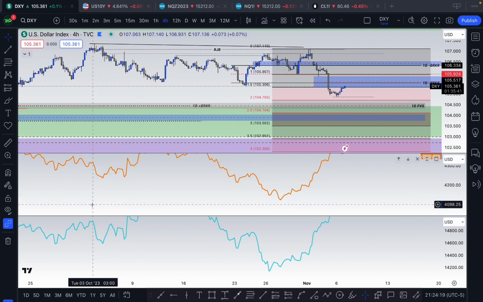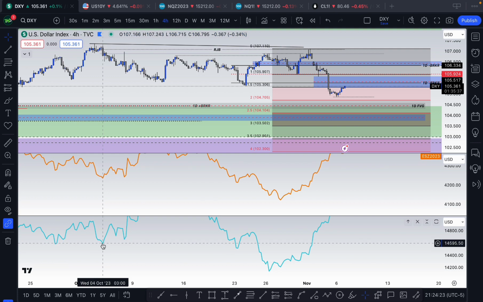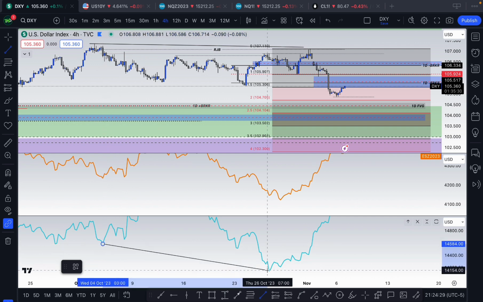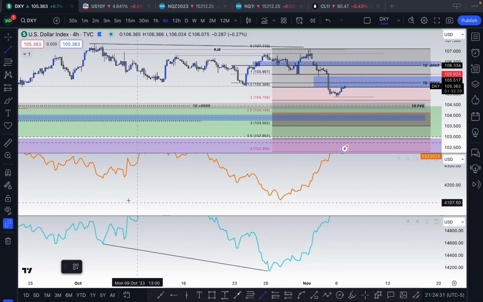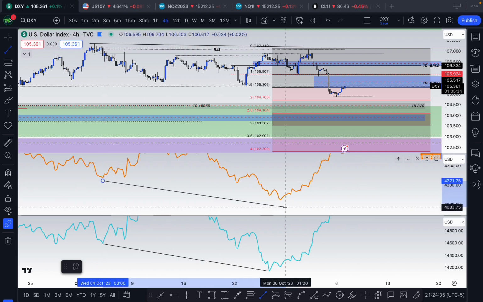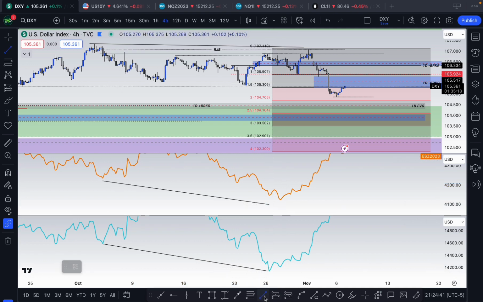So from back here, right, they made a low that high. As ES and NQ made a lower low, or even right to here, because then you see the divergence between NQ and ES, right?